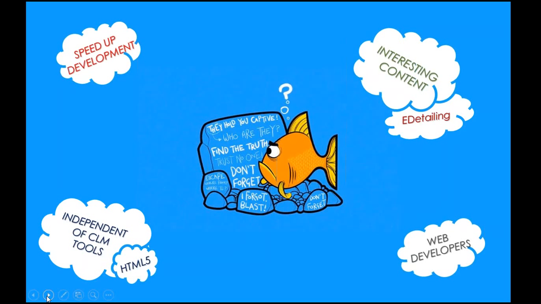No doubt, at a certain stage of development, each company wants to speed up the processes without losing the quality. So they are eager to create content which is interesting, which is needed in any sphere of business. They want to be independent of the customers and also to be independent of CLM instruments, of course. They don't want to waste time on training the web developers every time they use a different CLM tool.